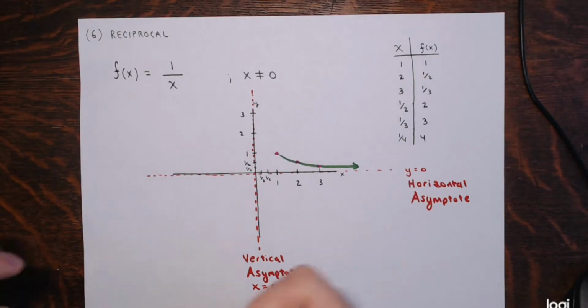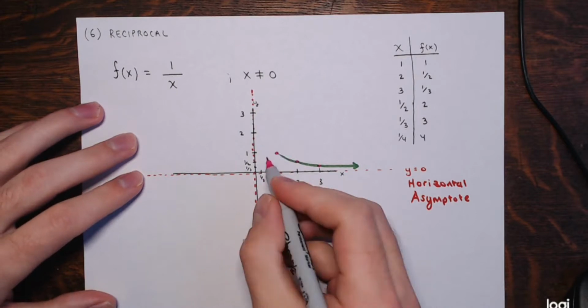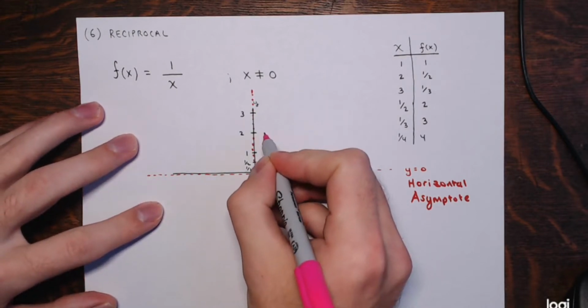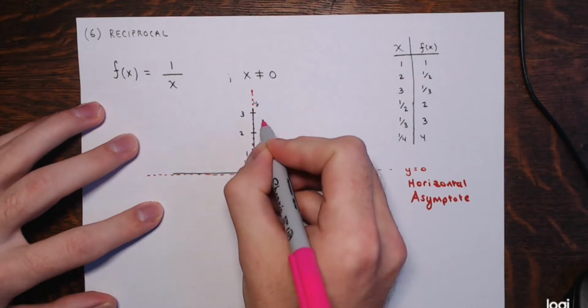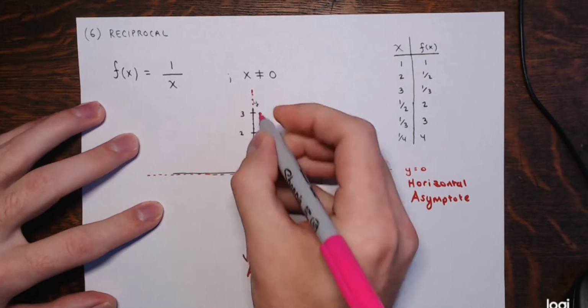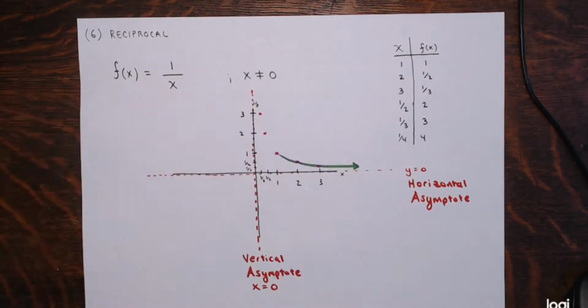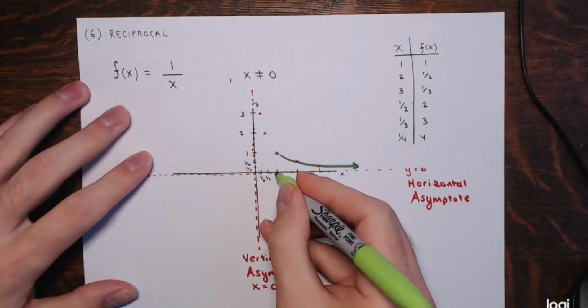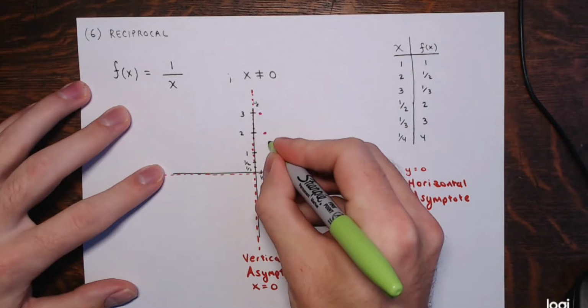And then between 0 and 1 here for the x values, again, the reciprocal of a half is 2. Then get closer to 0. The reciprocal of a third is 3, even higher. The reciprocal of a fourth is 4. The reciprocal of a fifth is 5, right? The closer to 0 my x value gets, the larger the output.